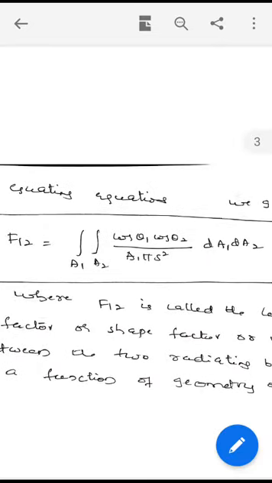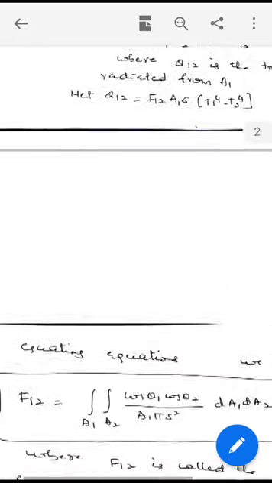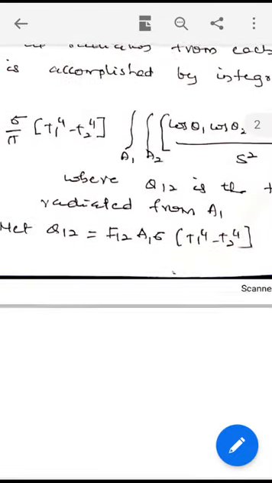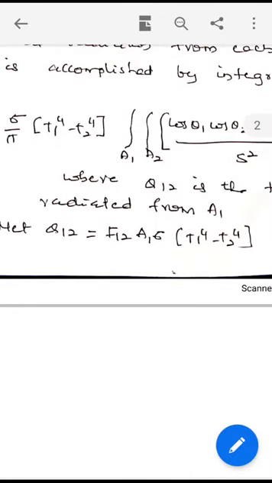You can see here that it is a function of only geometrical parameters, that is theta 1, theta 2, A1, A2, S. So the amount of energy exchanged between two bodies separated by a distance S is a function of the relative position of the two bodies and the geometry of the two bodies.